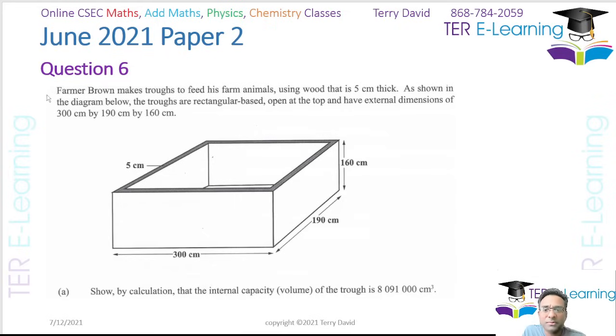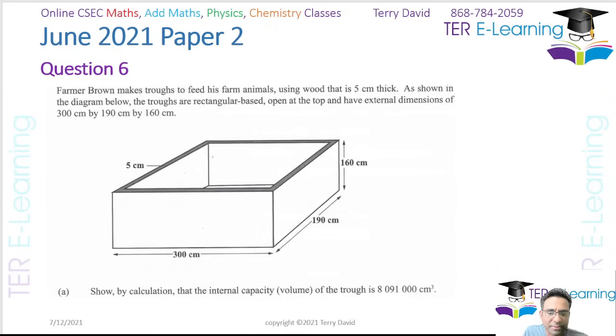So Farmer Brown makes troughs to feed animals, using wood that has a thickness of 5 centimeters as shown in the diagram. The troughs are rectangular based, open at the top, and have external dimensions of 300, 900, and 160.